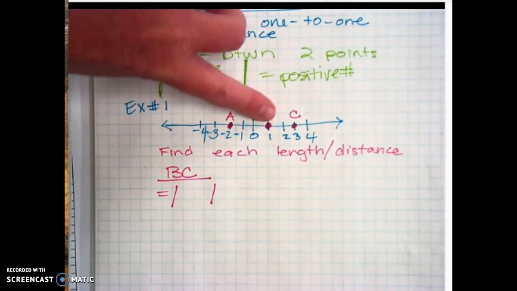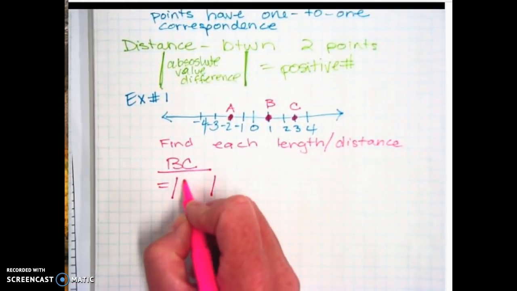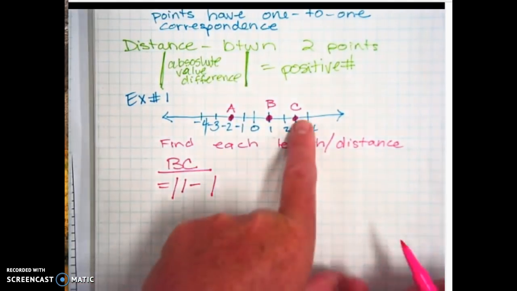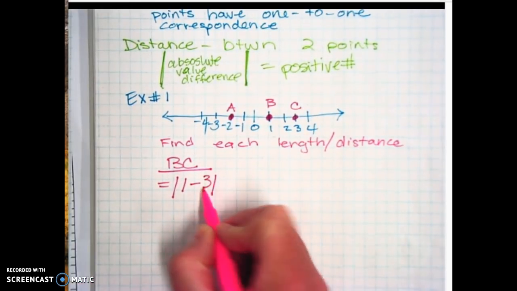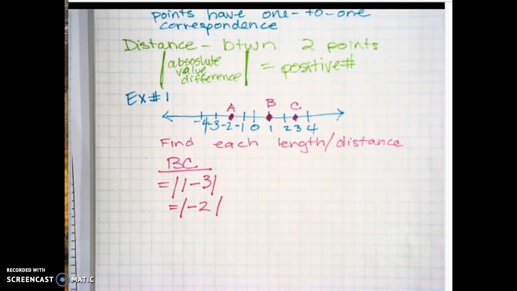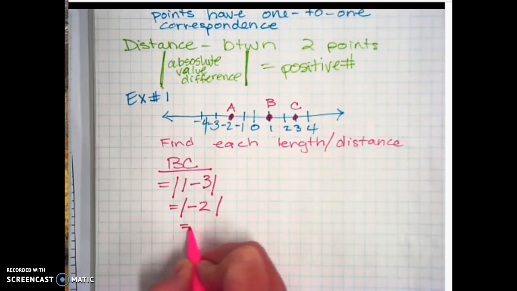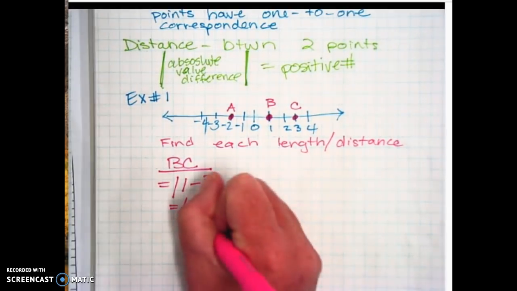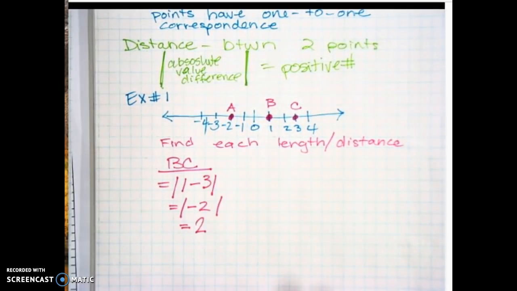We're going to find the location of B. It's at 1. We're going to subtract the location of C. It's at 3. So 1 minus 3 is -2, but we need to put the absolute value bars around it. So the answer is what? 2 positive, right? Do you have to write the plus sign?